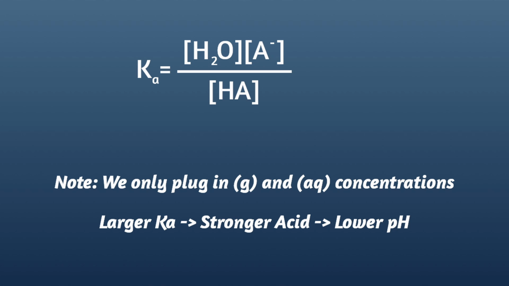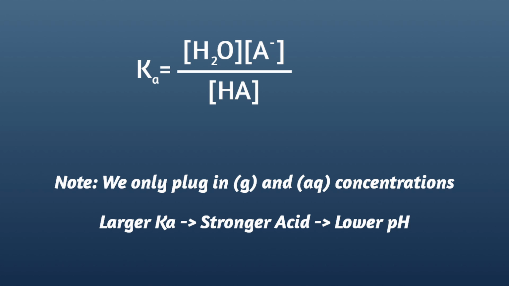A larger Ka means more products and a stronger acid. A smaller Ka means more reactants and a weaker acid. A larger Ka is a stronger acid and therefore a lower pH.